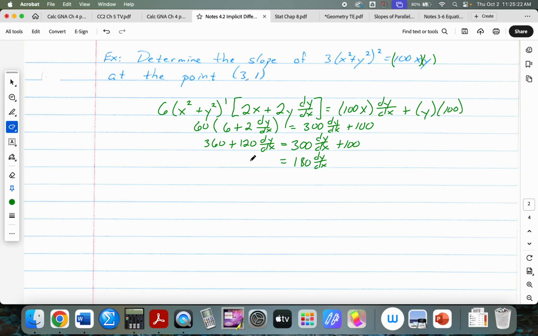And subtract 100 from both sides, so that's going to be equal to what, 260? So dividing both sides by 180, we've got 260 over 180 is dy dx. So what, 13/9? So the slope is about 1.5 at that point.